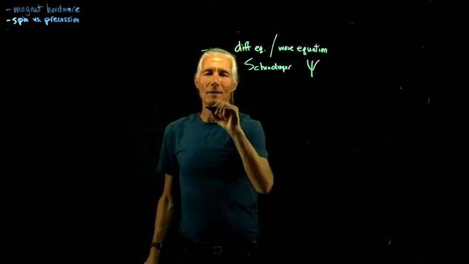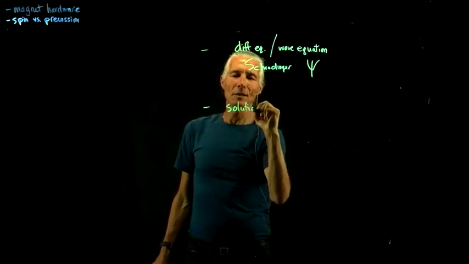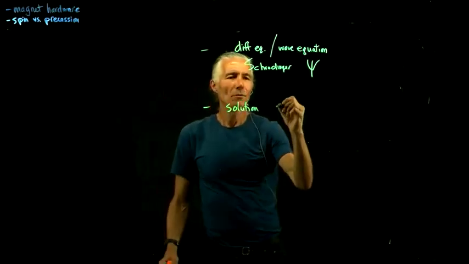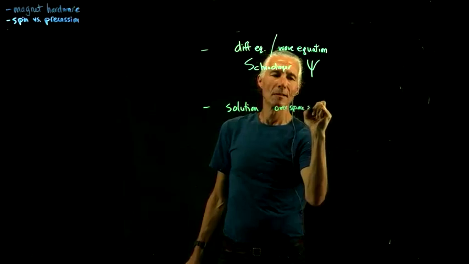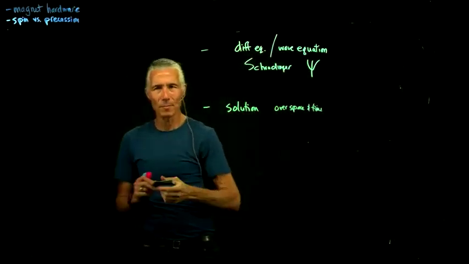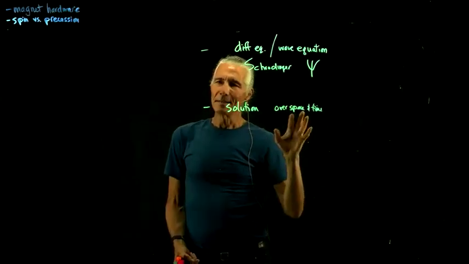So you solve it, and you get a solution, and the solution basically is over space and time. We'll do a very simple example of this when we talk about the Bloch equation. We're not going to talk about the wave equation solution.